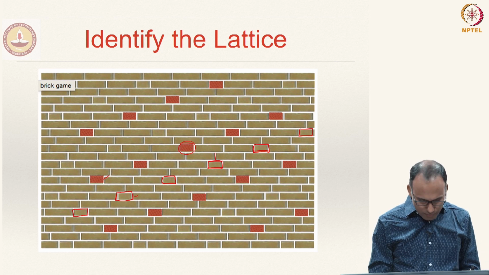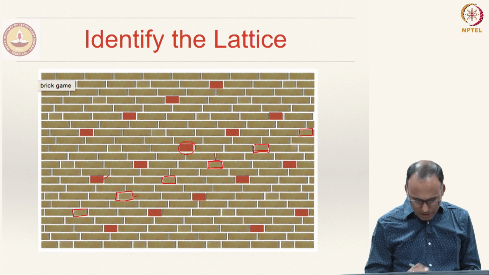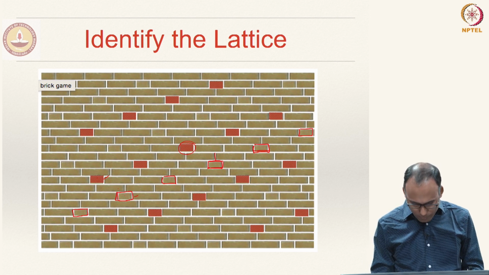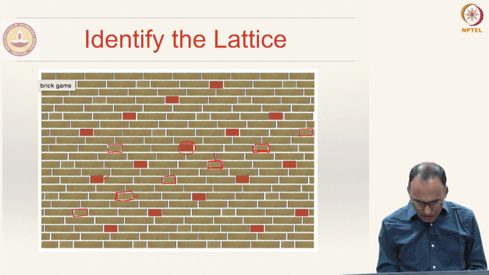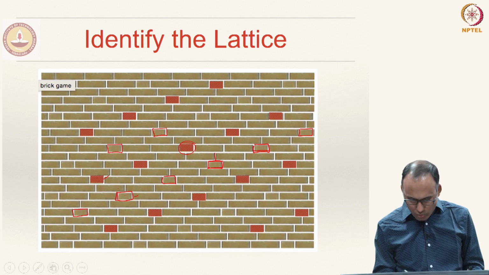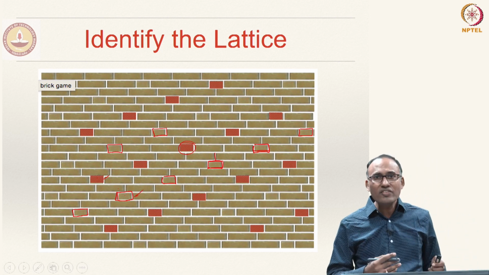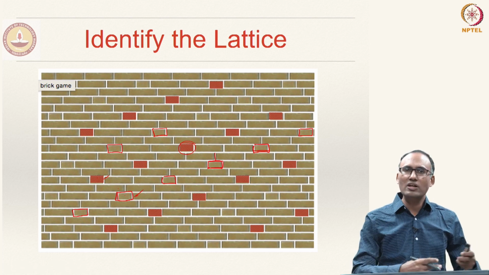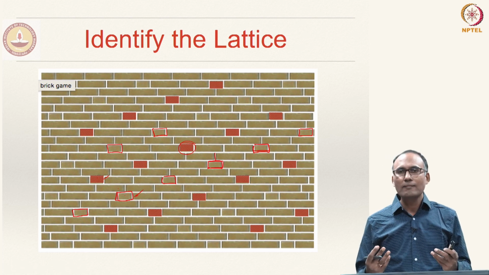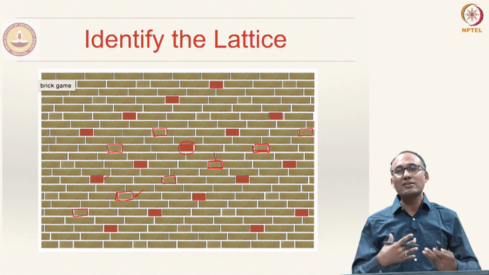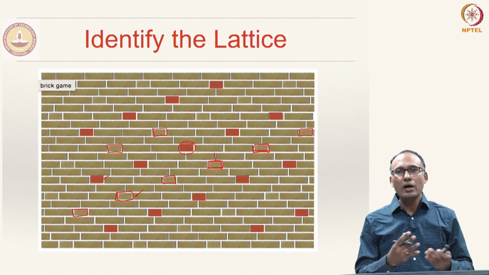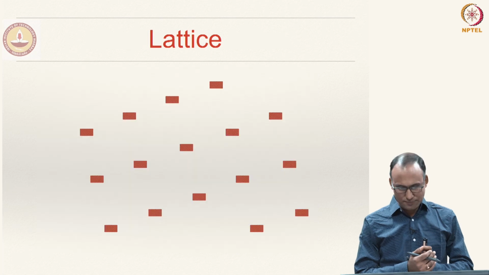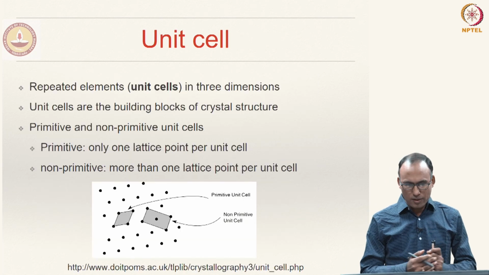Here below this there are 2, here above this there are 2. So, you have to be careful in identifying. Similarly, this is another lattice point and that is another lattice point identical to this. So, depending upon the choice of the initial reference point, your crystal lattice could be different, but the point is that you will be able to get back the original structure if you carefully look at the lattice. All right.